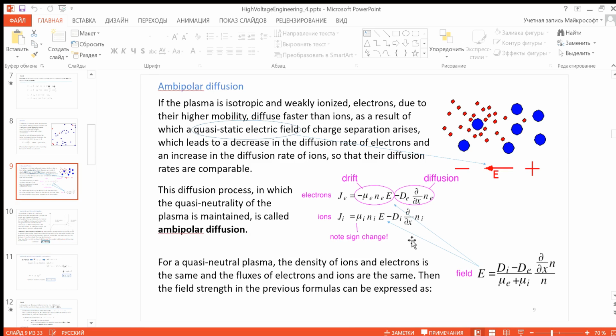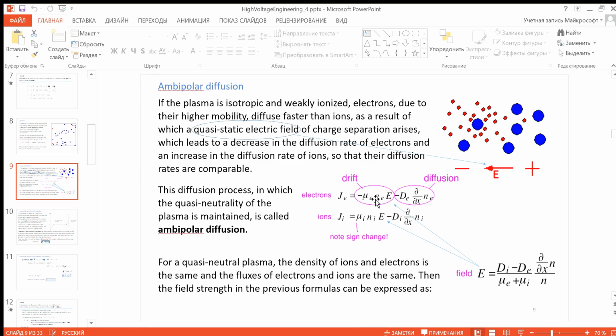The presented expressions make it possible to determine the particle fluxes, or which is the same, the current density for electrons and ions during ambipolar diffusion. The first component of these equations represents drift of particles in the resulting electric field.